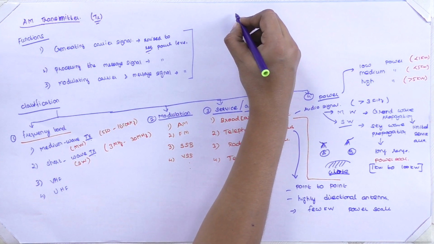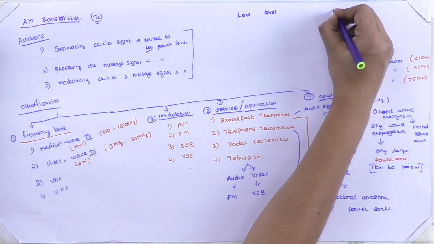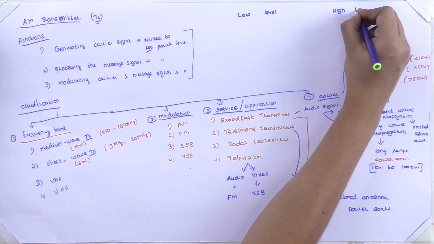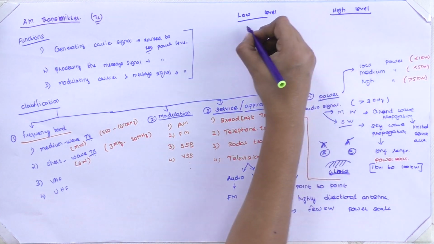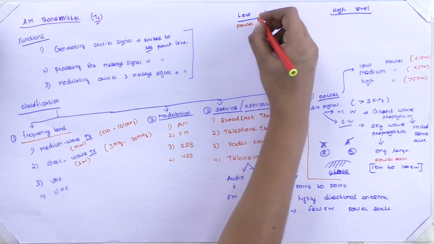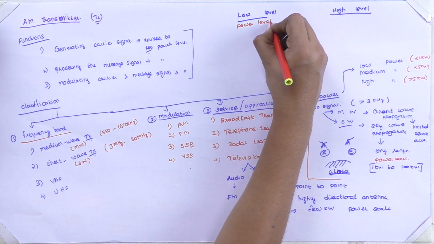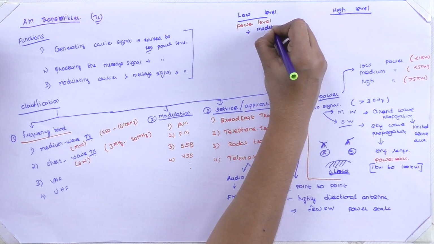Here we will see the comparison between low level modulation and high level modulation. Just now we have explained the power level. Based on three criteria we are going to compare. Based on the power level, in low level modulation, modulation is carried out at a low power level.